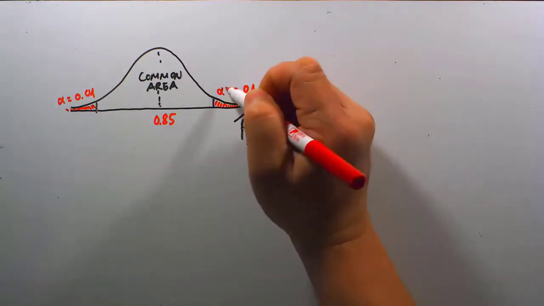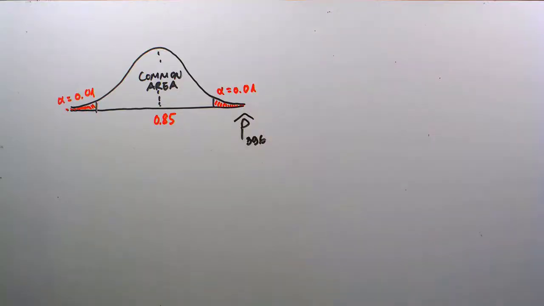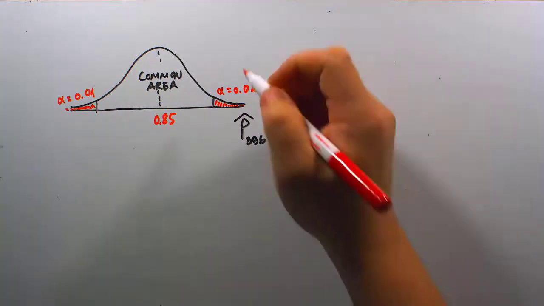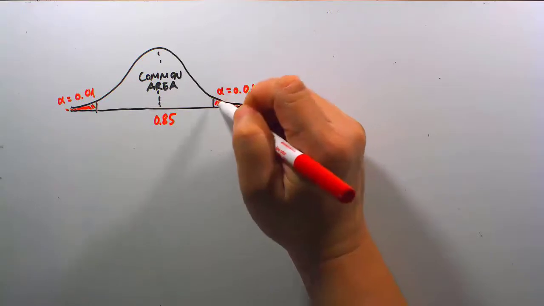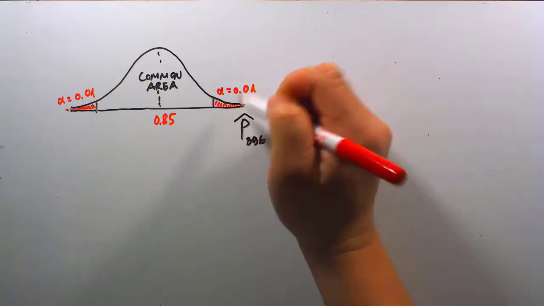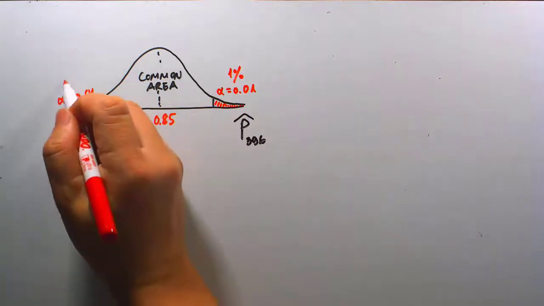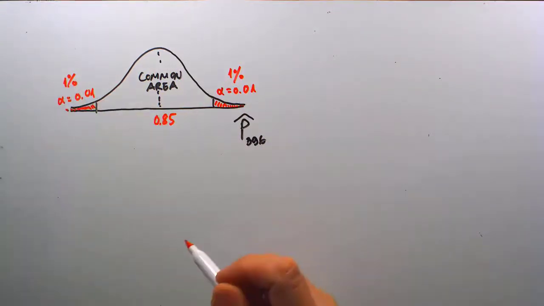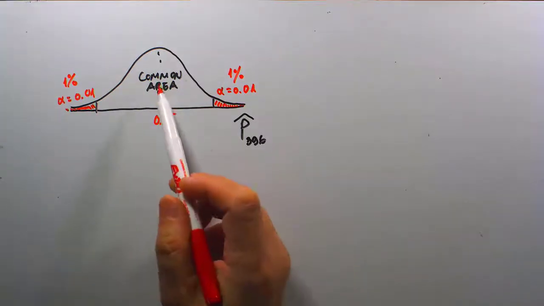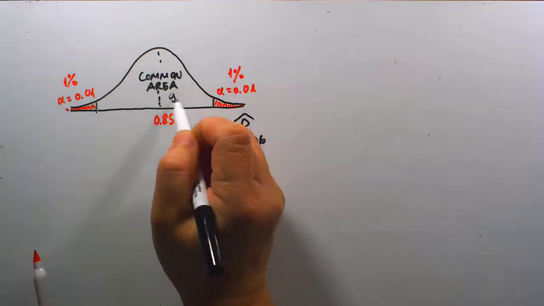And significance level, once again as a reminder, is notated as the symbol alpha equals 0.01. Thinking of the significance level as a percentage, this red area as a right tail is only 1%, and the other red area is another 1%. So that means the common area is as large as 98%.